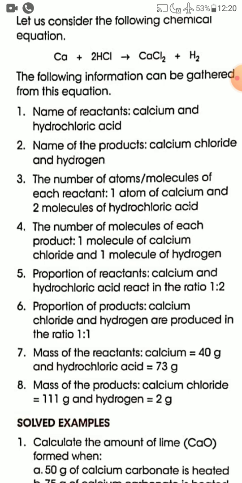And you can also calculate the mass of products. In this case, the mass of calcium chloride is 111 gram and the mass of one molecule of hydrogen gas is 2 gram. Okay, so this information you can get from a balanced chemical equation.